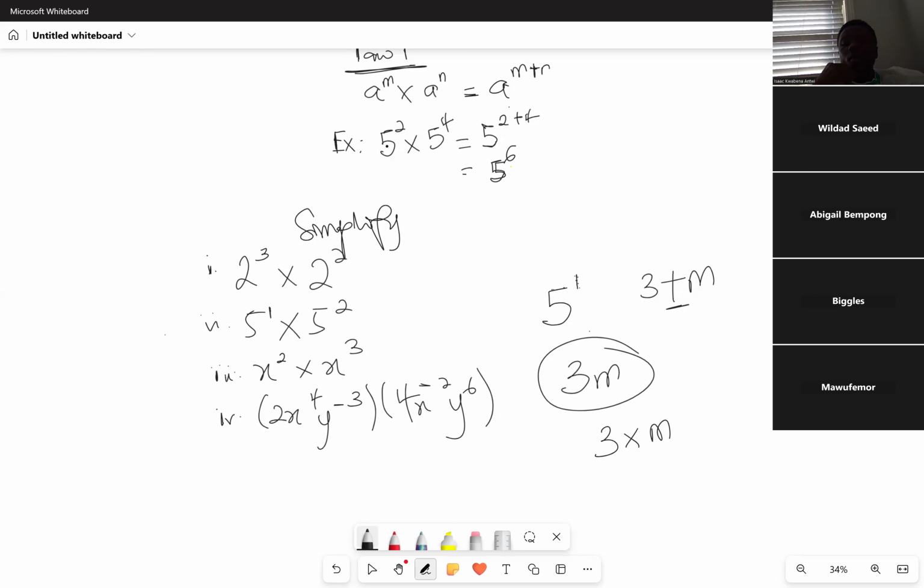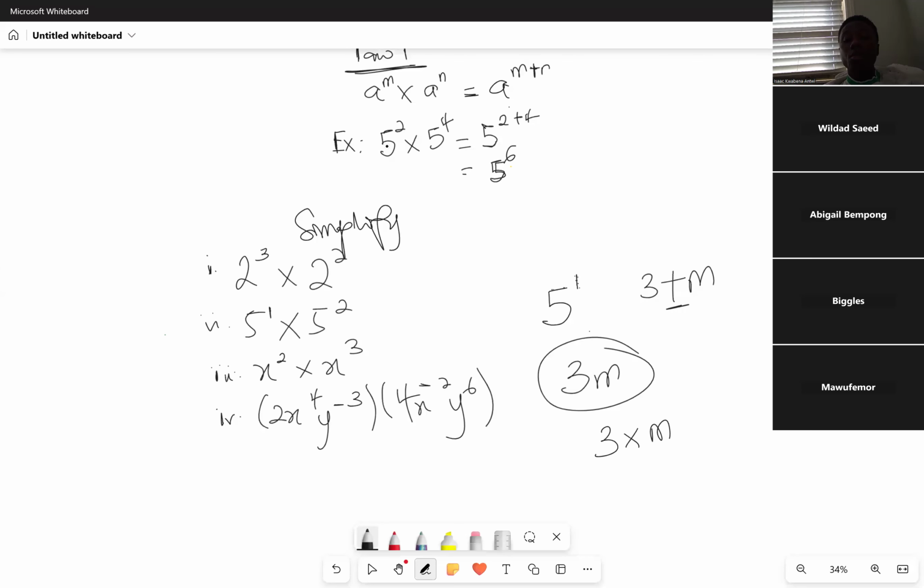So I've said two things. When you have a number standing on its own, the power is 1. The second thing I said, when you have two things joined together without an operational sign in between, what's happening to them? They are multiplying. Thank you. Then one last thing.